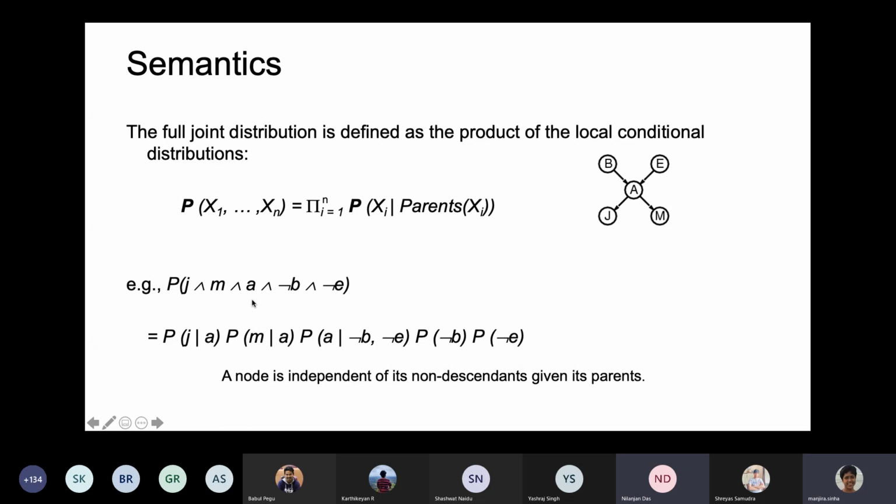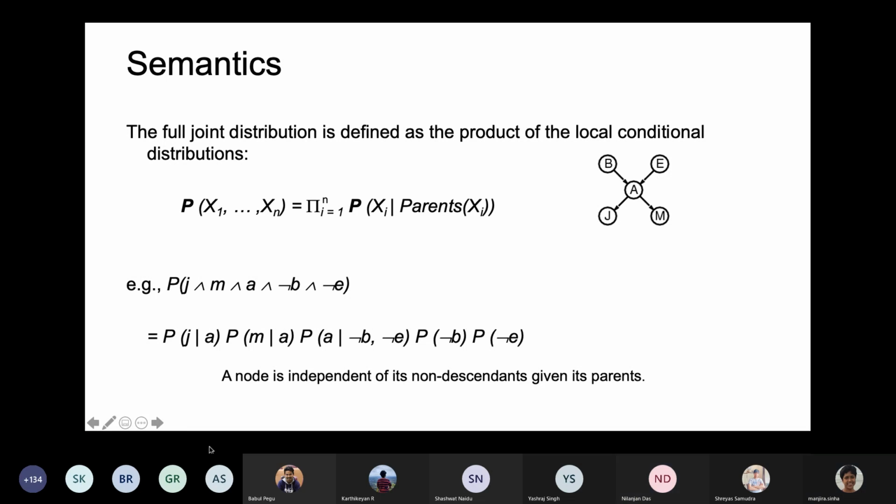Now we know that the probability of A is dependent on its two parents, and the conditions are given as not B and not E. So we will need to find the probability of A given not B and not E, and then the probability of not B and probability of not E, because again the probabilities of B and E are independent of each other.